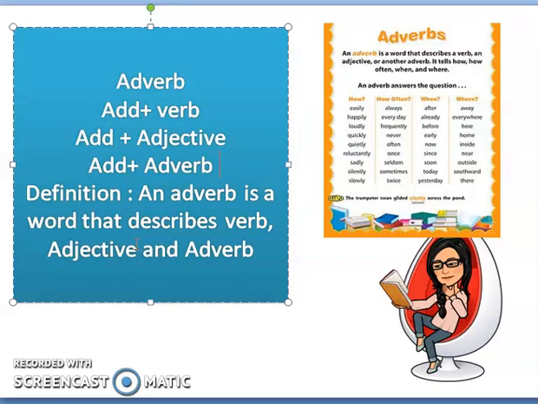Noun এবং pronoun এর দোষগুণ অবস্থা প্রকাশ করে. An adverb. If we say he walks quickly, then we can say he walks very quickly. Adverb is describing the adverb. Okay.